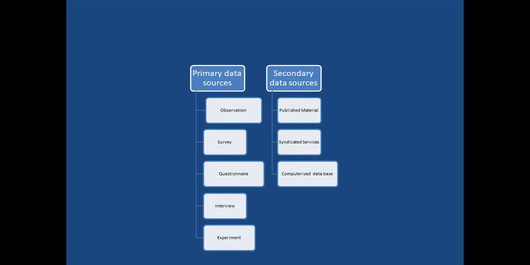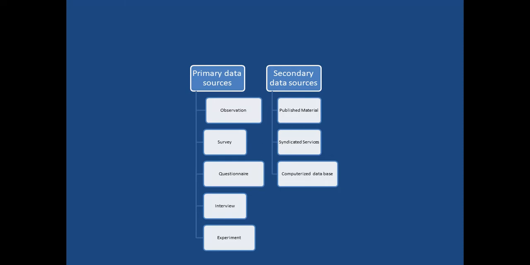On the other hand, when we talk about secondary data, here you can see already published material, syndicated services, and computerized databases.